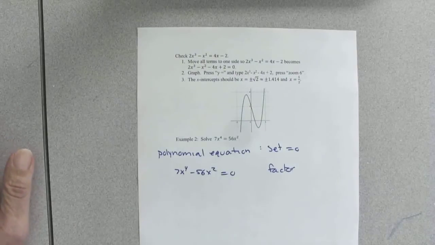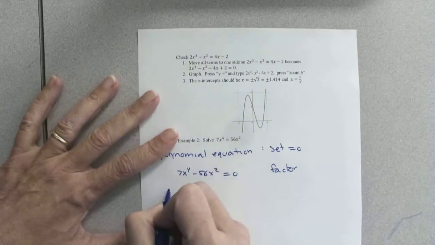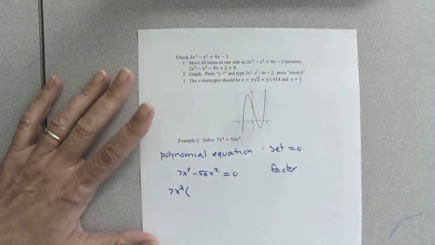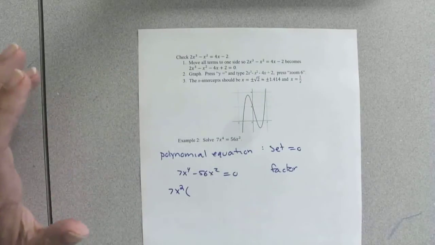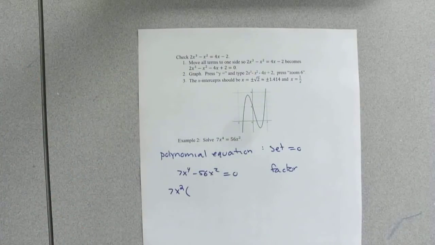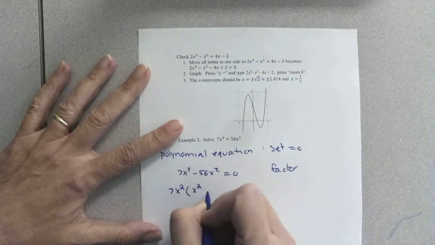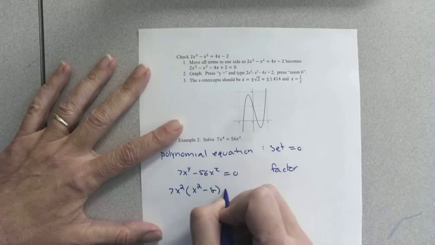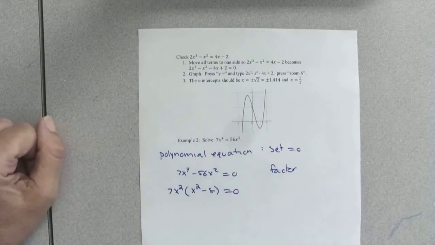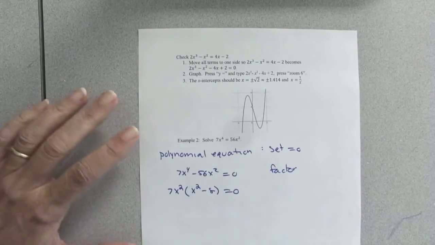Initially I have a greatest common factor of 7x squared. I have an x to the 4th and an x squared; you can take out the smallest, so x squared. 7 is certainly divisible by 7, and 56 divided by 7 is 8. So I take out a 7x squared, which leaves x squared minus 8 behind. It is now factored and equal to 0.